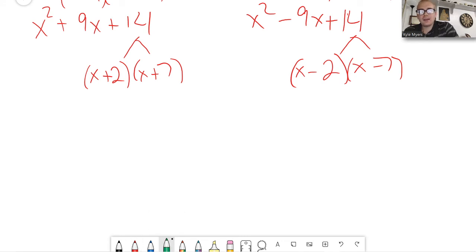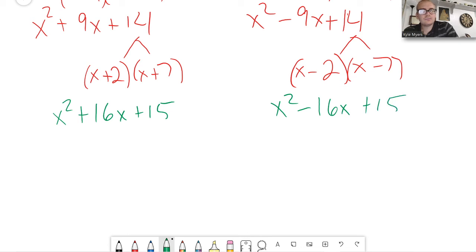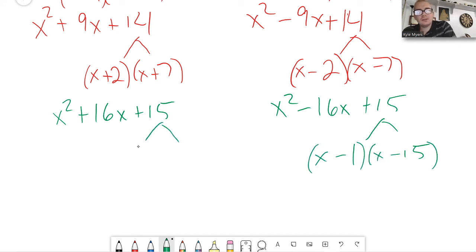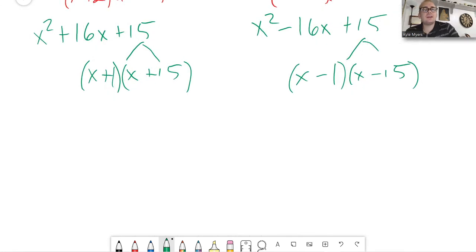So next up we have 15. X squared plus 16x plus 15. X squared minus 16x plus 15. This is 1 times 15 minus. This is 1 times 15 plus and a plus. 15 only has two other things.